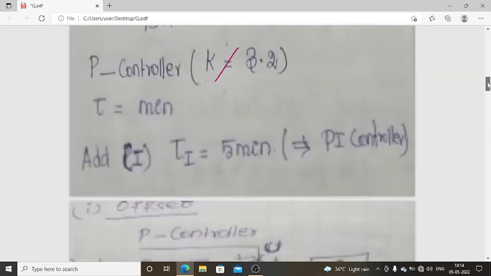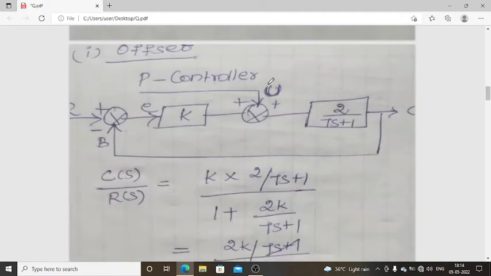The first option, offset. So for P controller and PI controller, what is the offset value? This is the general block diagram of feedback control system. Here this is the set point, capital R. B is the measured variable. What is E here? E is the error.